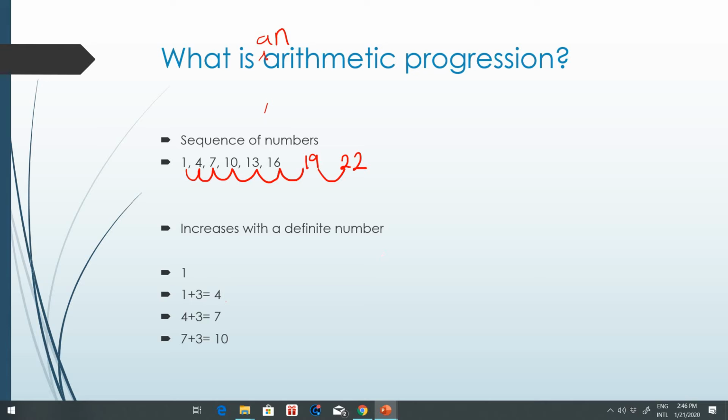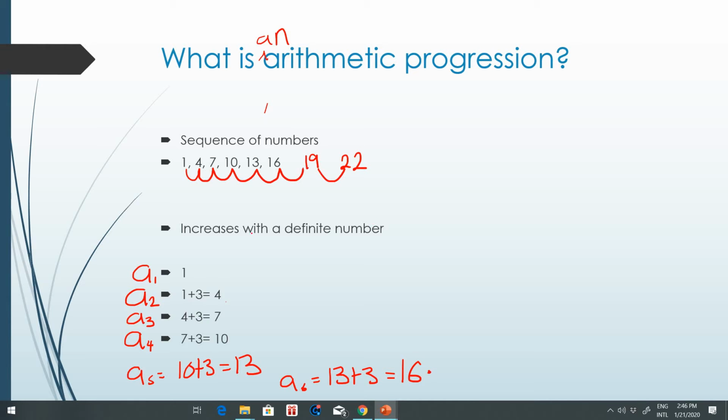Now there's a formula for this, but to make things easier, let's assign each term a label. The first number will be A1, the second A2, the third A3, the fourth term A4, and A5 obviously will be 10 plus 3, that's 13, and A6 is 13 plus 3, now we have 16.